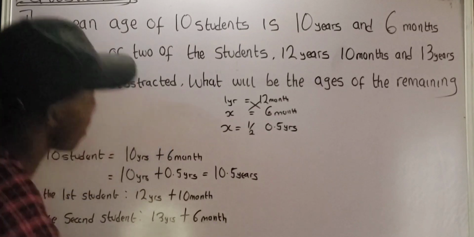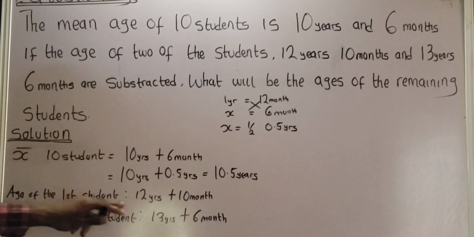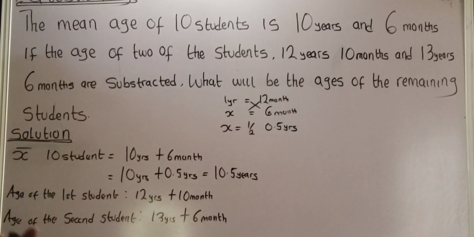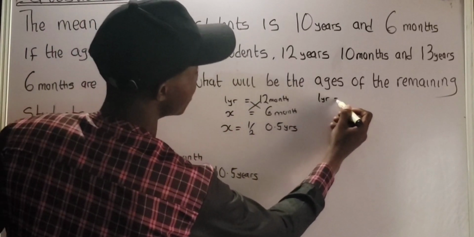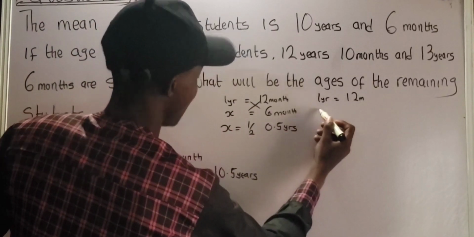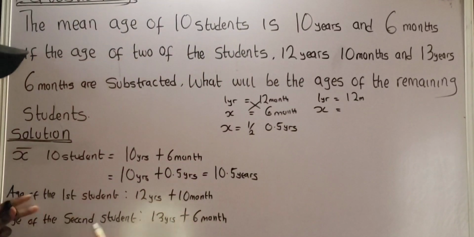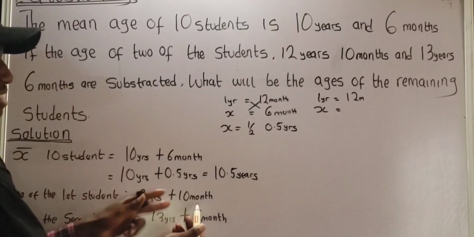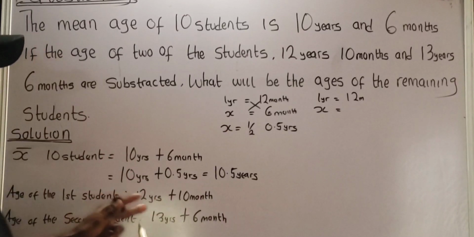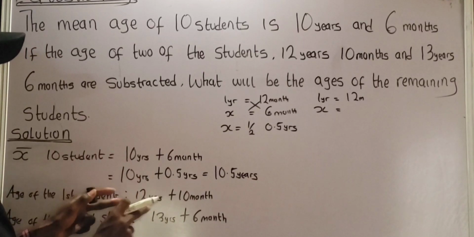Now, we are going to do the same thing that we did here. We are going to convert both ages into only years. If 1 year is equal to 12 months, then X years is equal to 10 months. I want to convert the 10 months into years so that I can add it directly to the 12 years, to make sure that this is only in years.